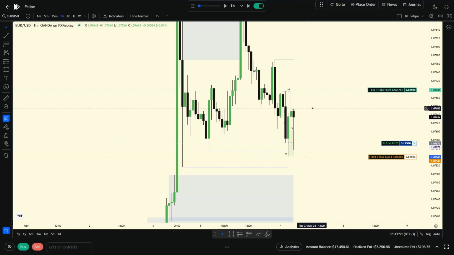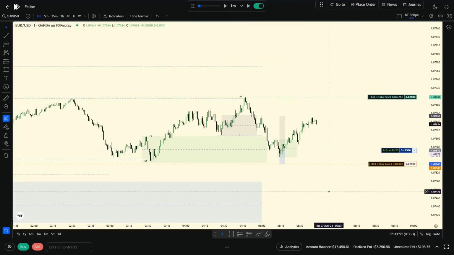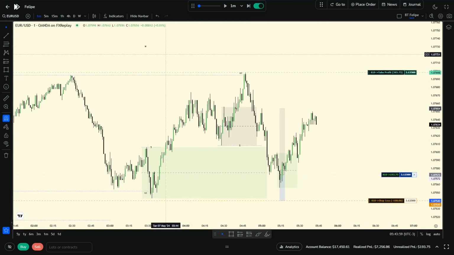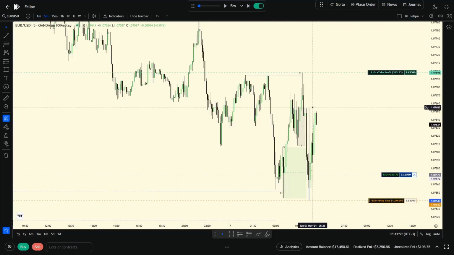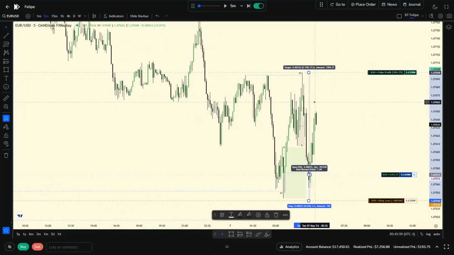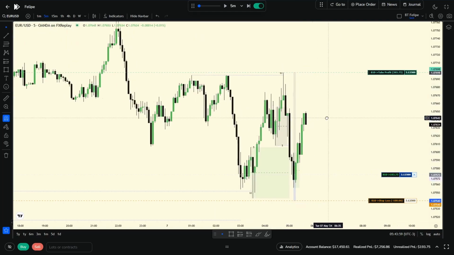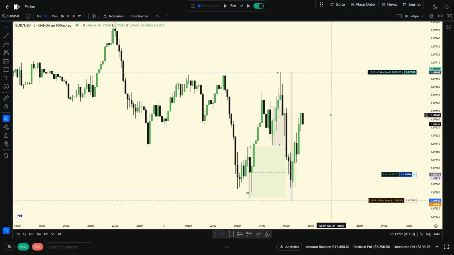Which one is going to hold? I think instead of trying to guess which one is gonna hold, I would just try to short. I think it would be better.